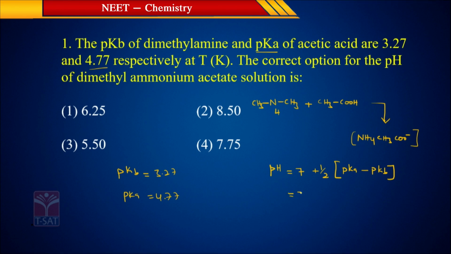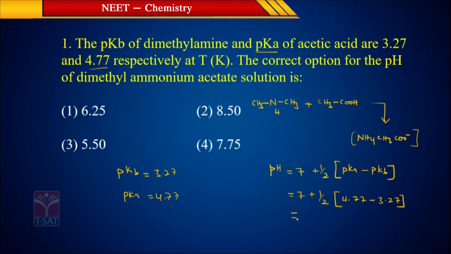So pH is equal to 7 plus half into 4.77 minus 3.27. If you solve this, you will get the answer as 7.75, which is nothing but option 4.